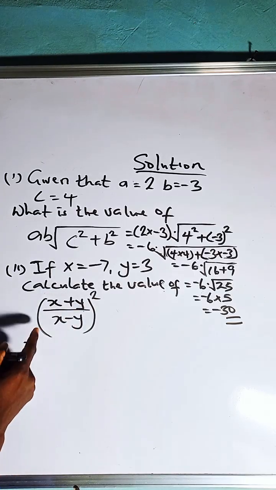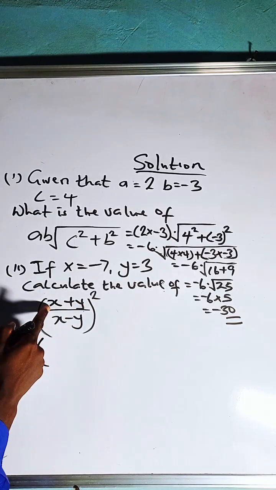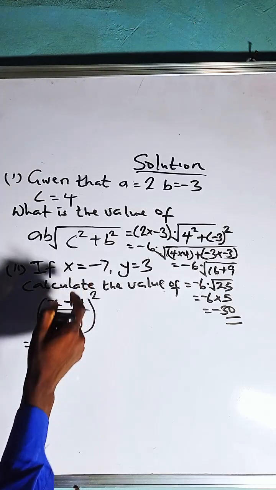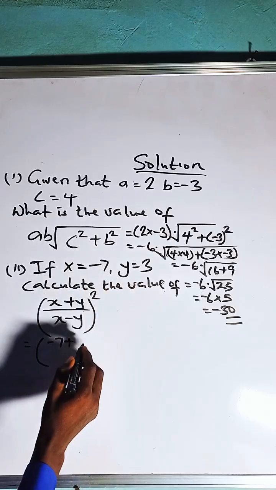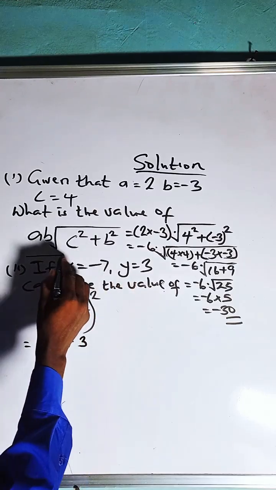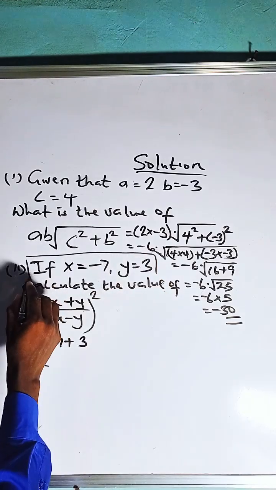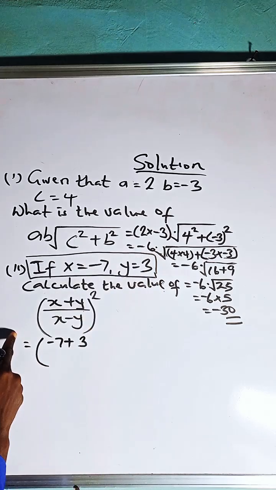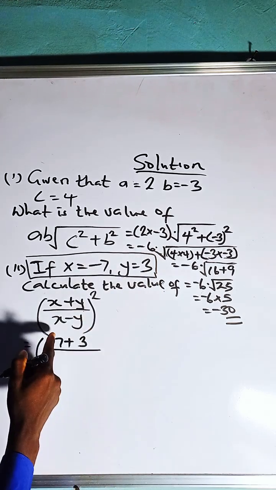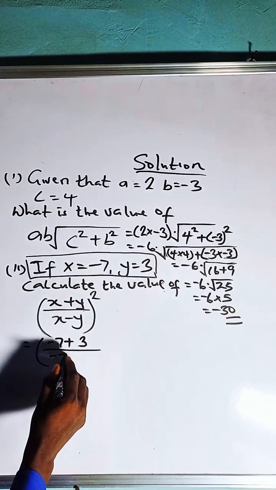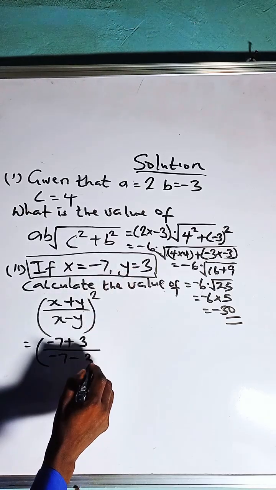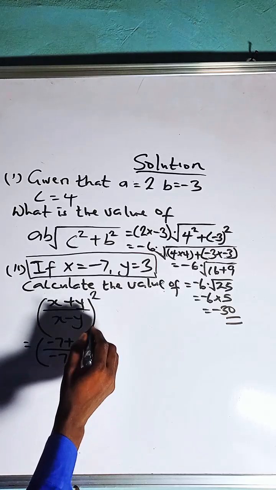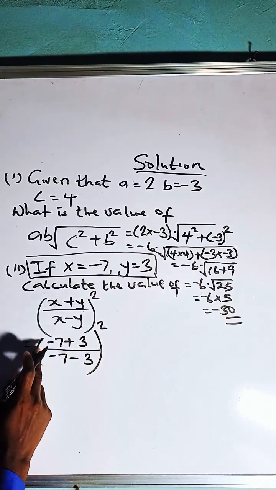So the value of x is -7 plus the value of y, which is 3, over the value of x, -7, minus the value of y, 3. All squared, do not forget that.